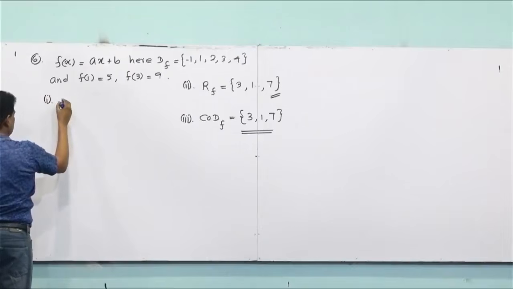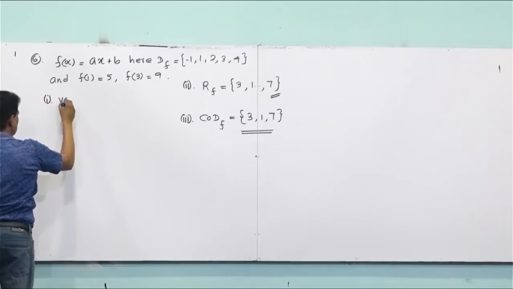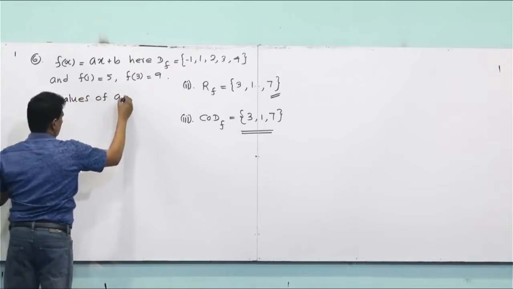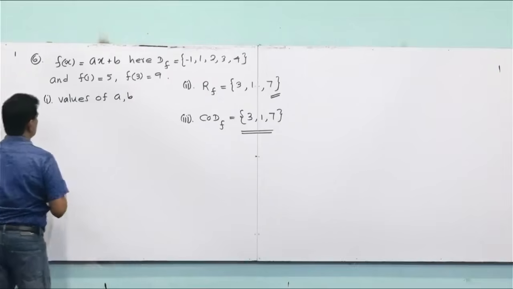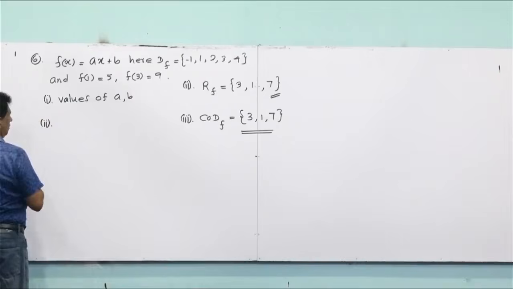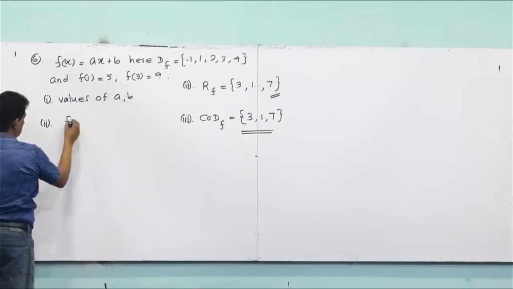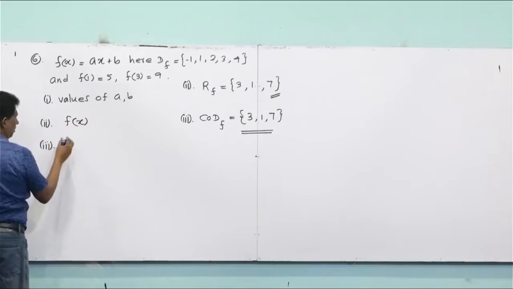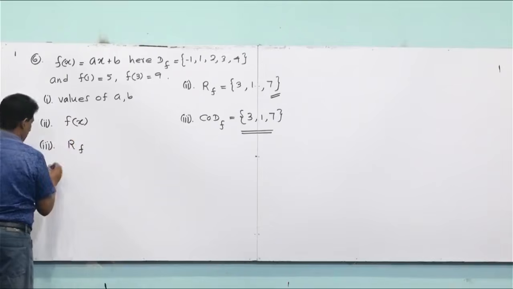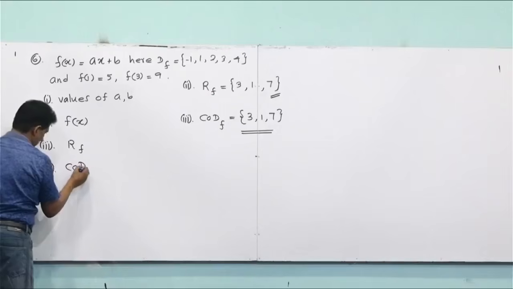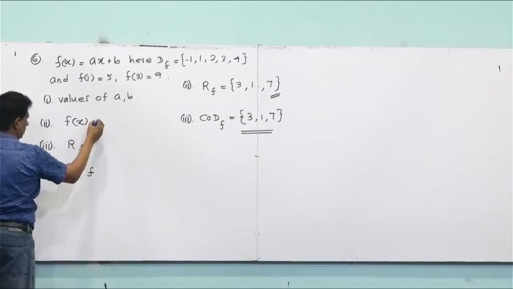First one, find the values of a comma b. Second one, f of x. Third one, the range of f. Fourth one, the codomain of f.